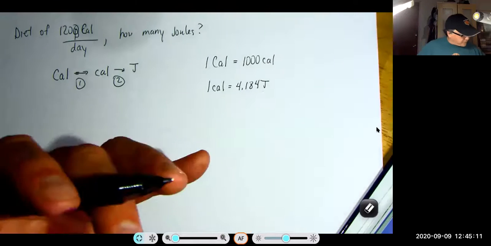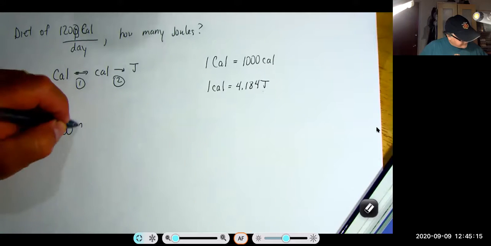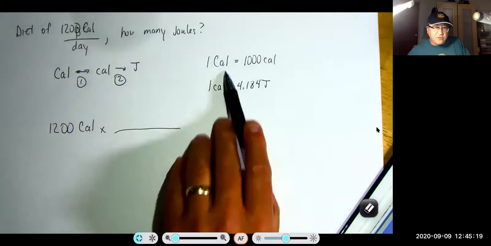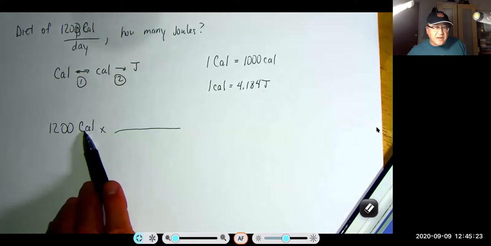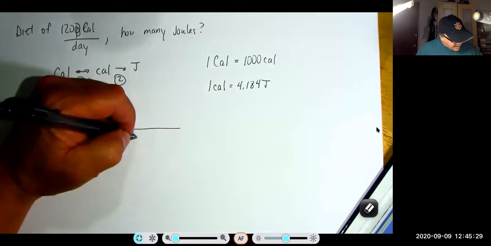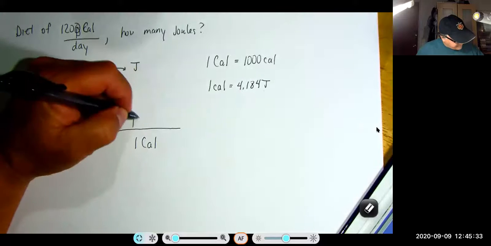And for each of these that I need a conversion factor, I personally like to write out equivalences and not ratios. So I'm going to start off with 1,200 calories. And when I look at these two conversions, I know that I want to cancel my large cal, and this conversion has a large cal, so I'm going to take that large cal and put it on the bottom, and I'm going to take the other side and put it on the top.